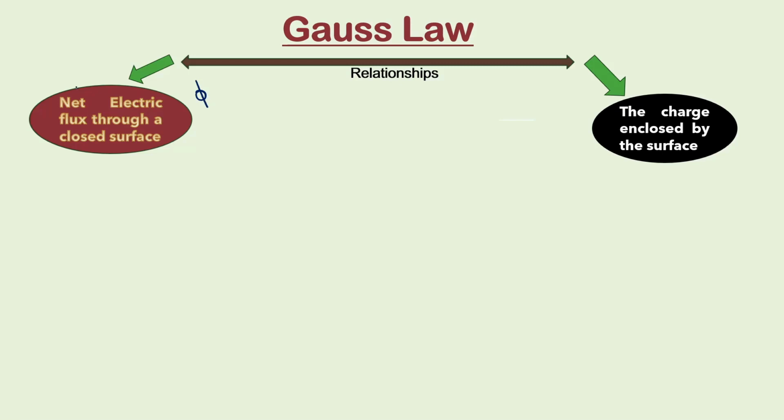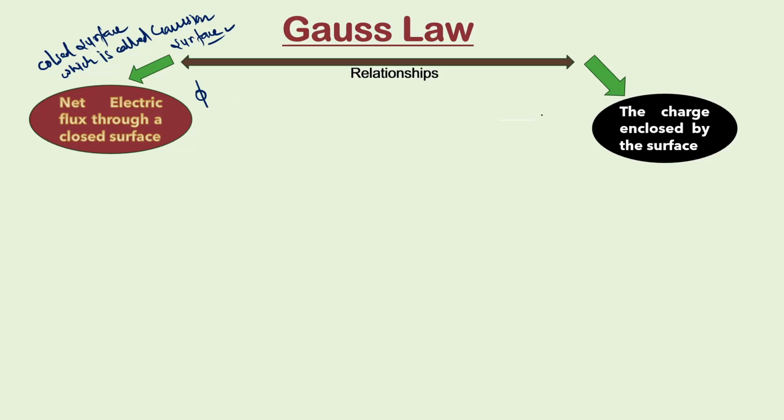Here we talk about a closed surface, which is called a Gaussian surface, and another is the charge enclosed by the closed surface.